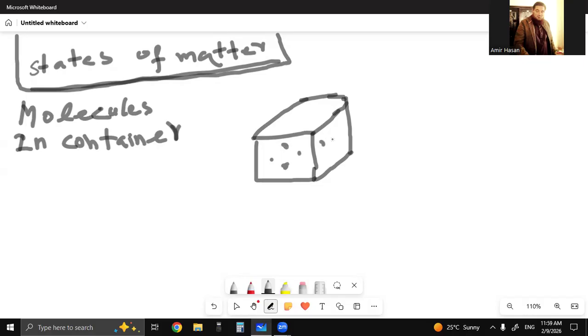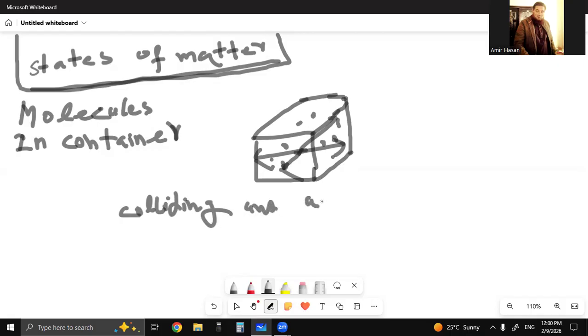Okay, for example, these are the molecules present in the container, and these molecules are moving and colliding with the wall of the container. When they collide with the wall, they apply force on the wall.